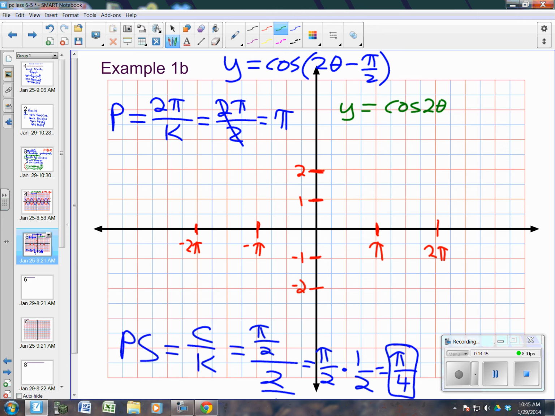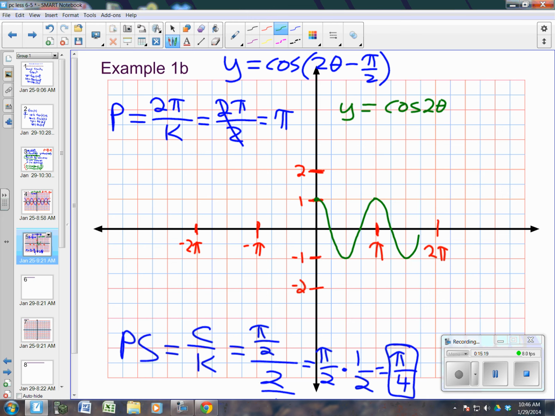So we know cosine starts up at 1. We know that one period has to take place between 0 and pi. So I have got to go all the way down. So this is going to cross right here. It's going to go all the way down to 1, cross right back here, and go up to 2. That's 1 period. It takes place between 0 and pi, right?